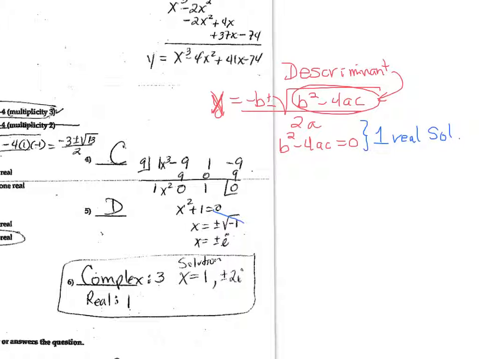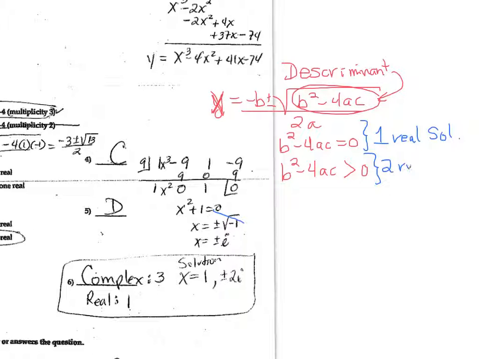If b squared minus 4ac is greater than 0, that means you have a positive number here. So how many solutions are you going to have? 2 real solutions.